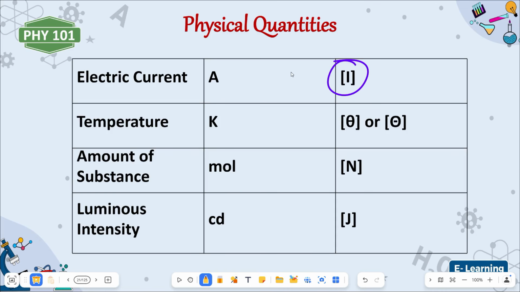Its dimension is I. Now, when you look at the other four fundamental quantity, they don't follow the normal trend of first letter. If not, electric current would have been E, but now we are saying it is capital letter I. Then temperature is theta. This is the Greek alphabet theta. Then amount of substance is using capital letter N. The luminous intensity uses J. All of these are the various seven fundamental quantities and their dimension. All right, take note of it.